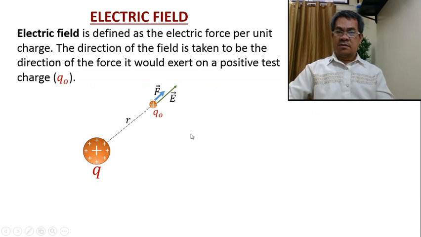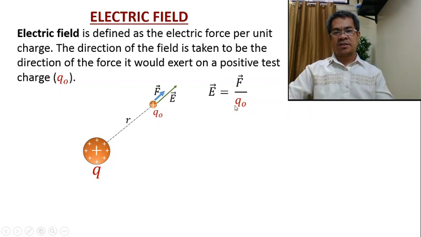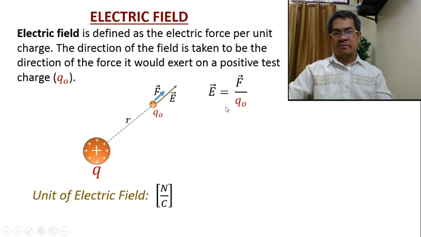So, if we divide the amount of force by the positive test charge, the result is the electric field. Okay? Now, therefore, because we divide the force by the charge, then the unit must be what? The unit of electric field must be Newton per Coulomb, because the force is in Newton and the charge is in Coulomb. So the unit is Newton per Coulomb.